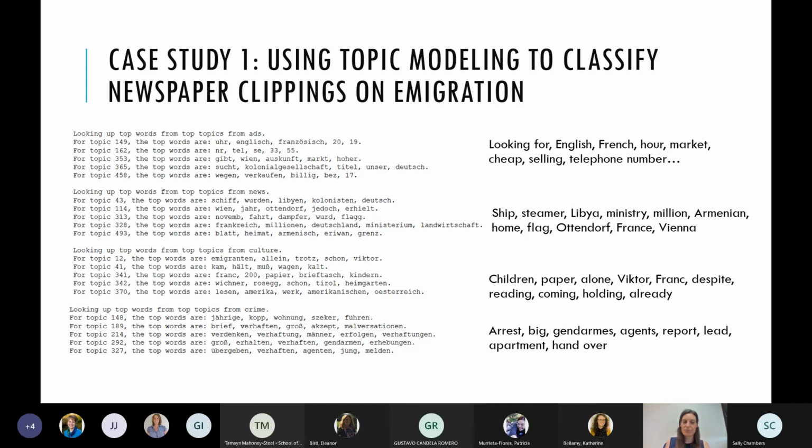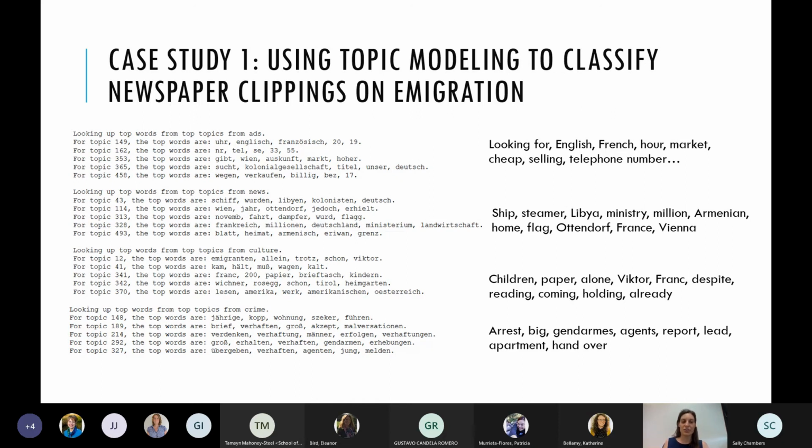Then, for example, the articles on culture, which had typical words like children, paper, alone, Victor, Frank, despite, reading, coming, holding, already. So you can see there are more verbs and adjectives, and also person names, stuff from family. So this is quite different to the most typical words I got for news.